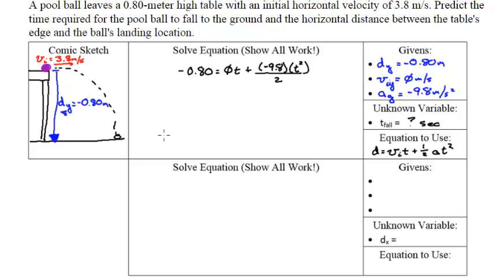Alright, if I try to simplify, I see that 0 is times time. That means that this blows up. I'm going to write it again, a little bit simpler. Negative 9.8 times time squared over 2. In order to simplify the right side, I'm going to multiply by 2. This allows me to cancel.